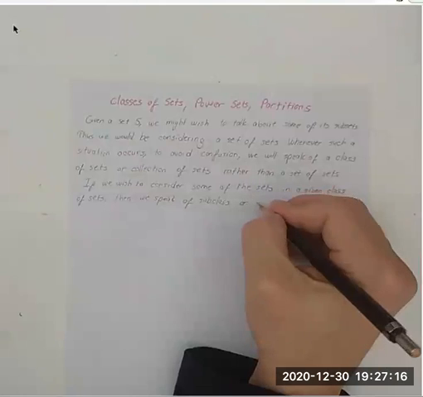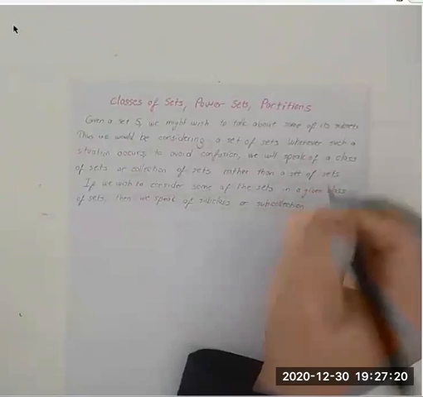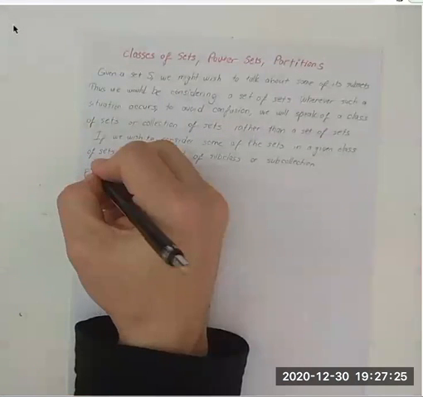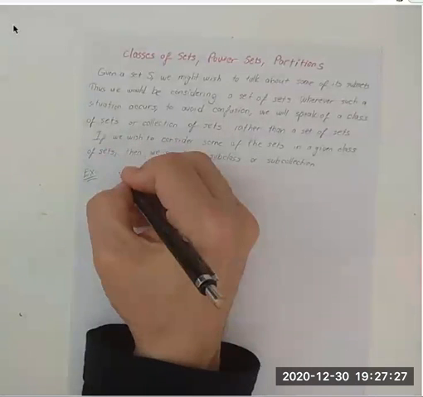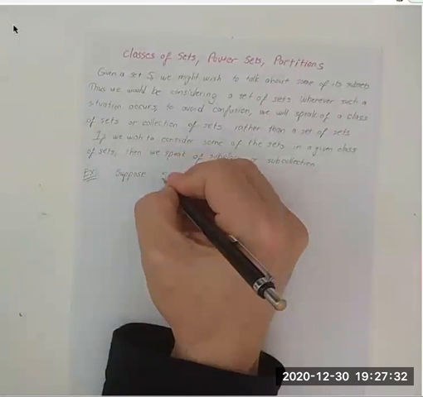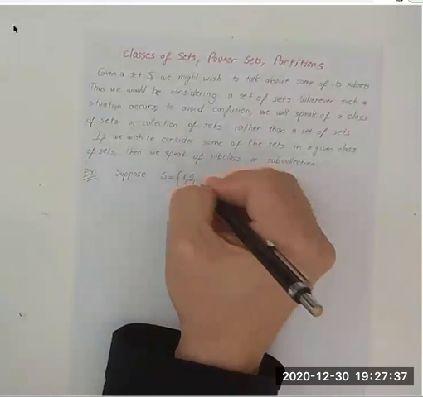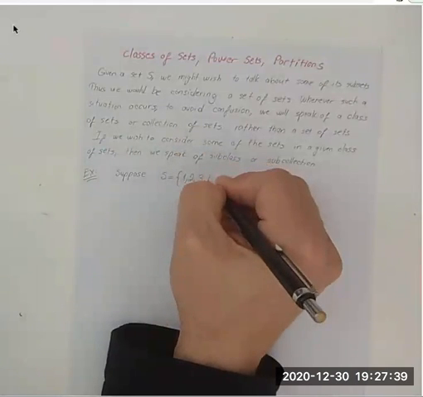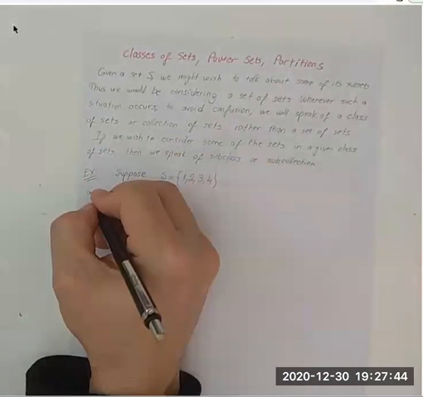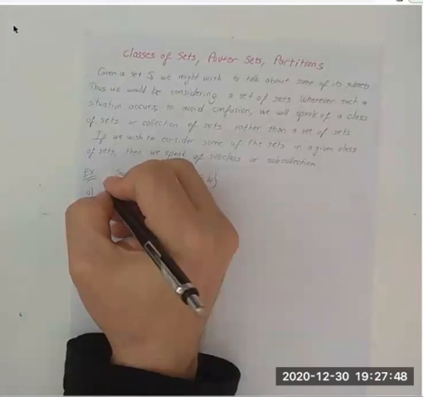Let's say there's a class of subsets of S which contain exactly three elements of S.